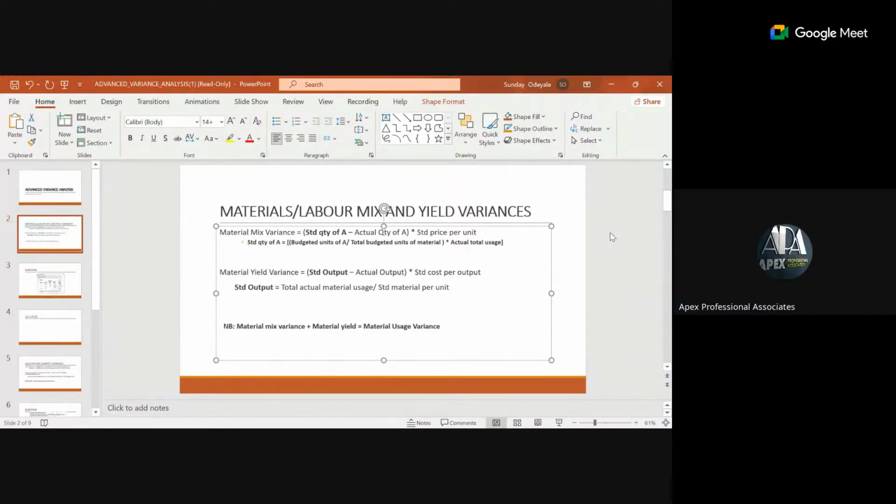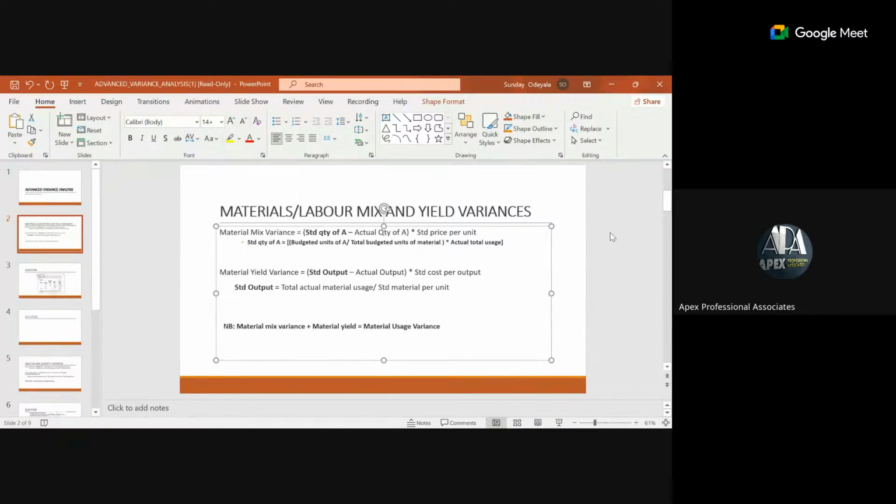Then the second one, which is the yield. The material mix variance is just your standard quantity of A, where A here represents your material A, minus the actual quantity, times your standard price per unit. And where the standard quantity is your budgeted unit of A divided by your total budgeted unit.